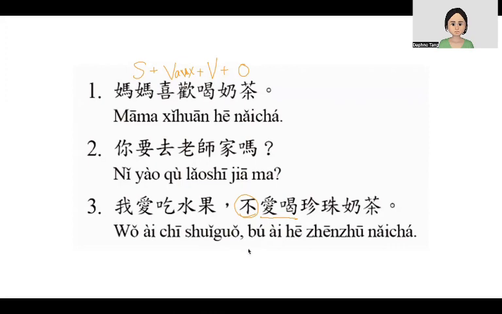We don't say 爱不喝珍珠奶茶. No, no, no. 爱 is an auxiliary verb.